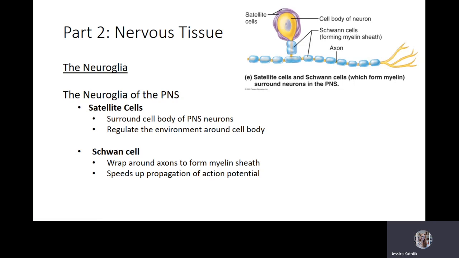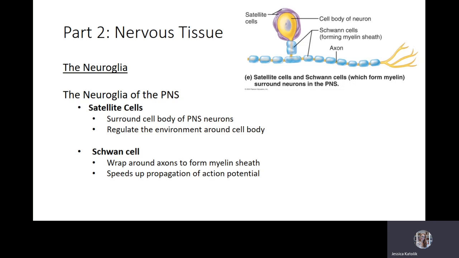So the Schwann cells and the oligodendrocytes have a similar function, but they enact that function in a slightly different way. Oligodendrocytes look like an octopus and wrap their legs around many axons and hold them together while forming the myelin sheath.